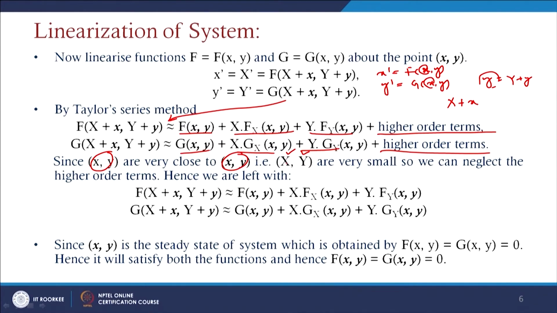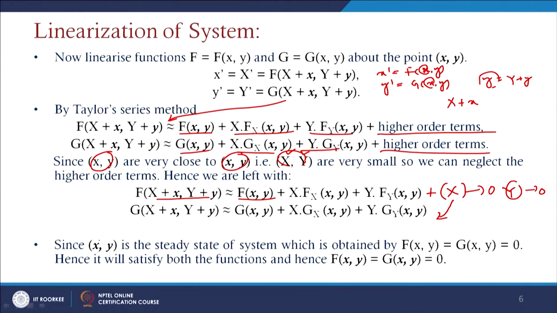If we neglect these epsilon terms, that is capital X and capital Y here, then we are left with f of capital X plus x, y plus y as f of x y plus x f x plus y f y, and the higher order terms can be neglected, since all the power terms of capital X and of capital Y are neglected. The same thing happens for the expansion of g.